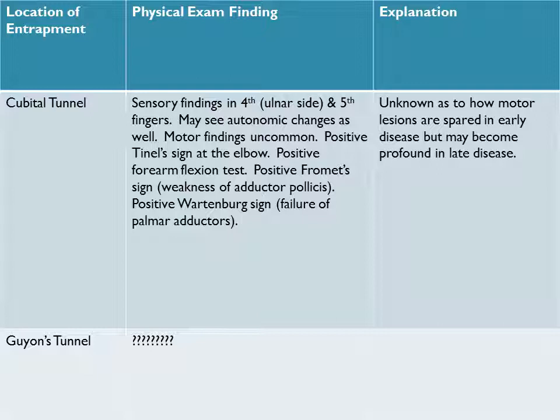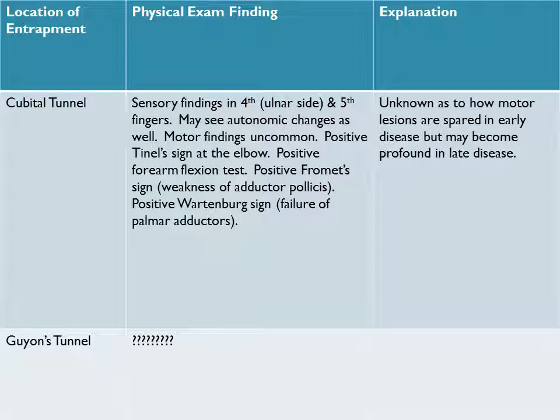On physical exam, we're also going to see a positive Froment sign. And we'll talk about Froment sign when we get into some more examination procedures. But a positive Froment sign is due to weakness of the adductor pollicis muscle.